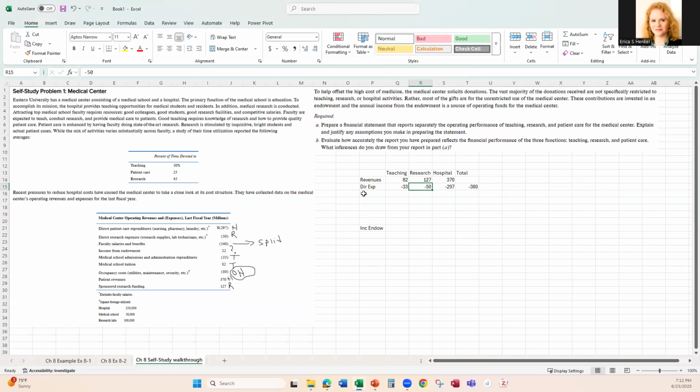And then we've got faculty salaries. So we know that we've got that 140 million, right? So I'm going to put here minus 140. And each of these, they've given us the percentages. So for teaching, I'm going to put 0.3 times that 140. I'm going to do 0.25 and 0.45.